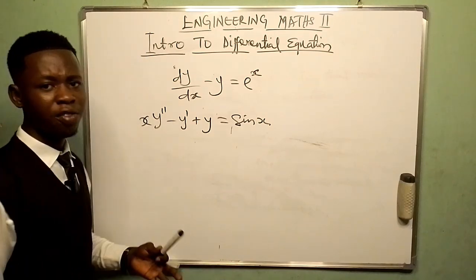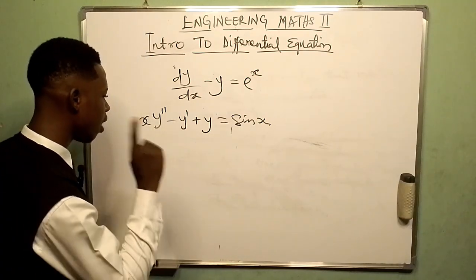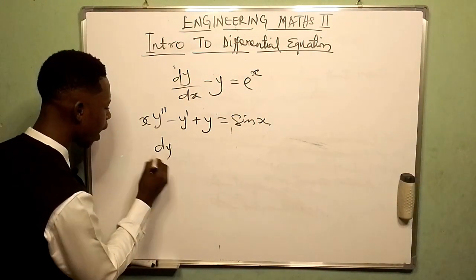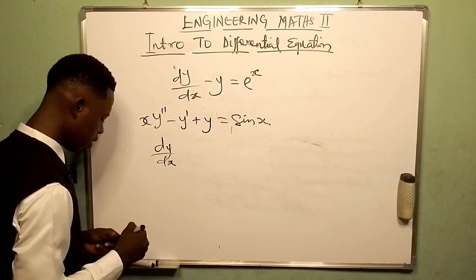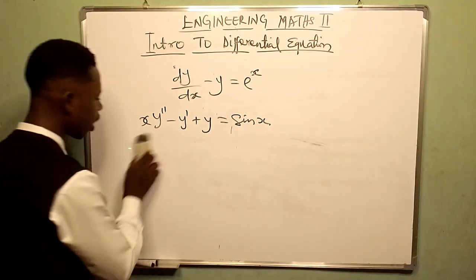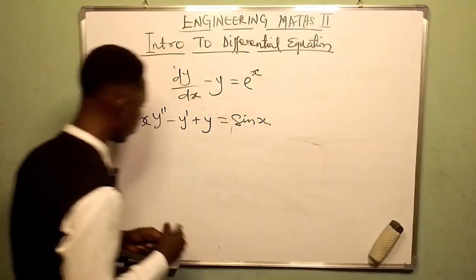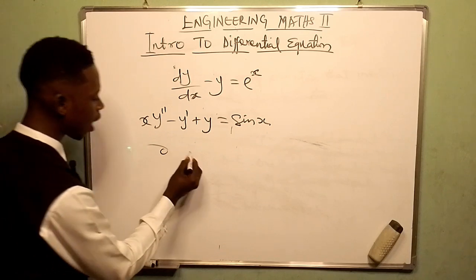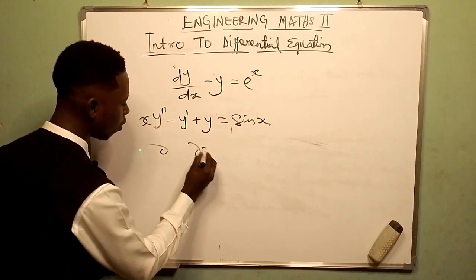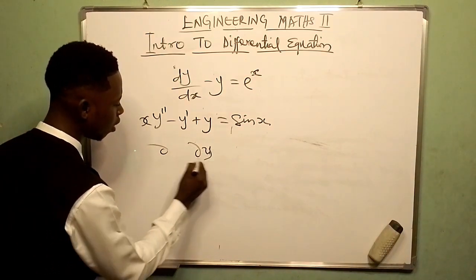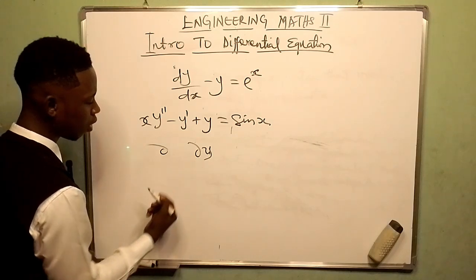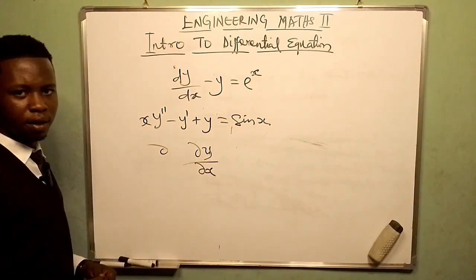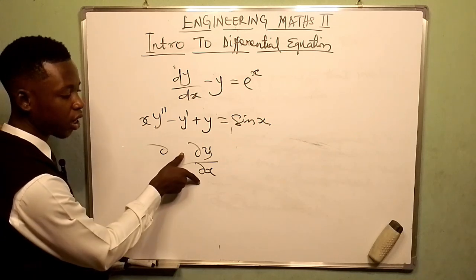A partial differential equation must not be in the form of dy over dx. No. For it to be partial, it must have a sign that we know as this, such as partial du, or let's say partial differentiation of y over partial differentiation of x. Now this is for partial differentiation.